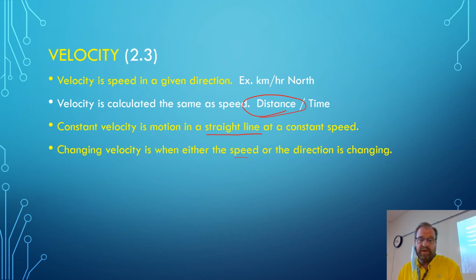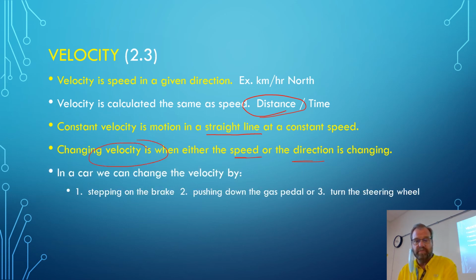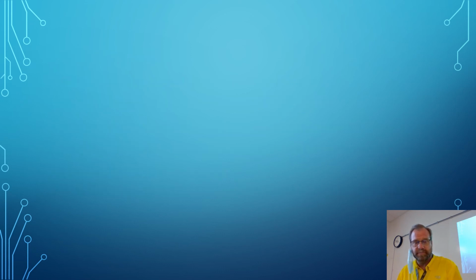Changing speed or direction actually changes your velocity. Here's some examples. In a car, we can change velocity by stepping on the brake, which slows us down, pushing the gas pedal, which speeds us up, or turning the steering wheel. So we can maintain that same speed and just turn, and it's considered accelerating.